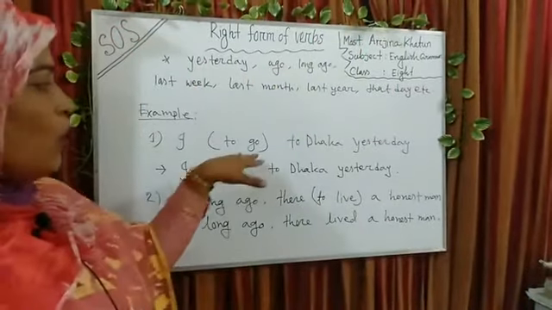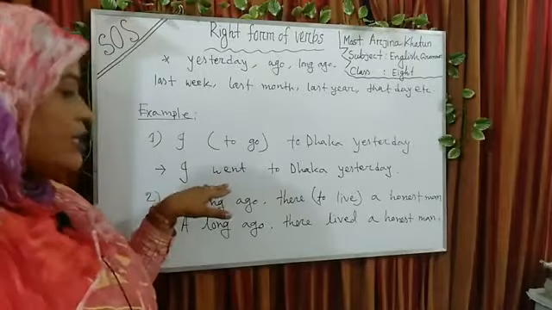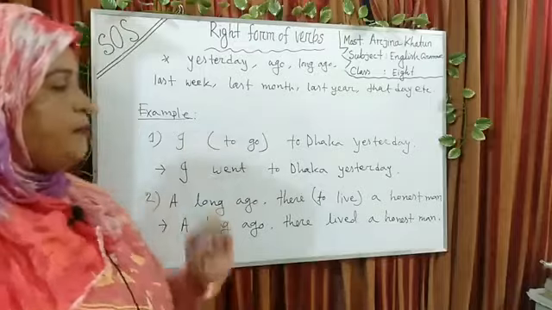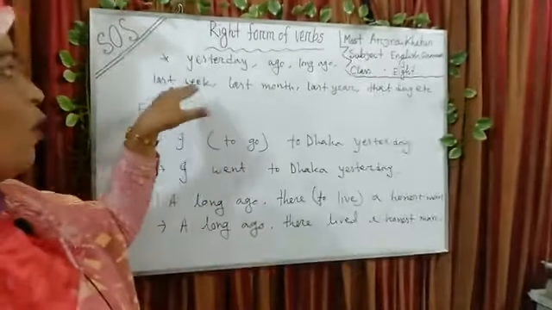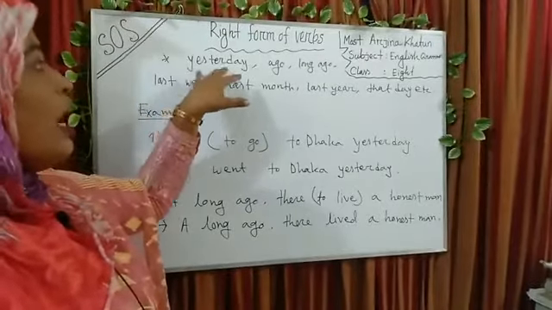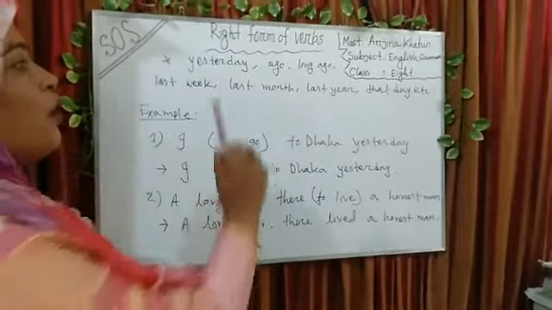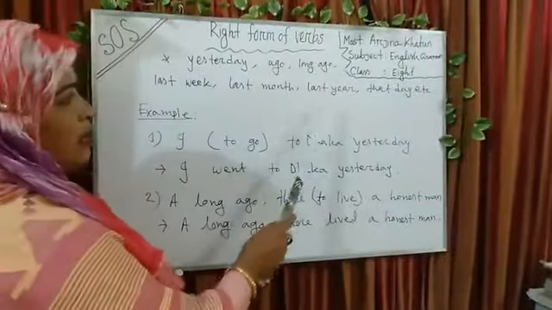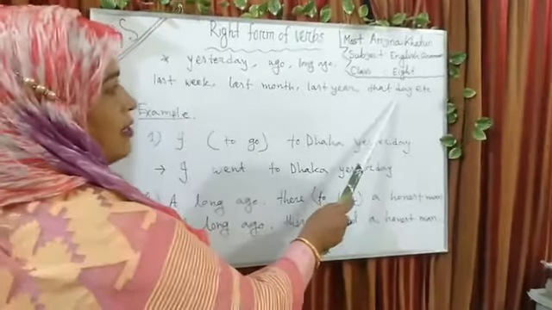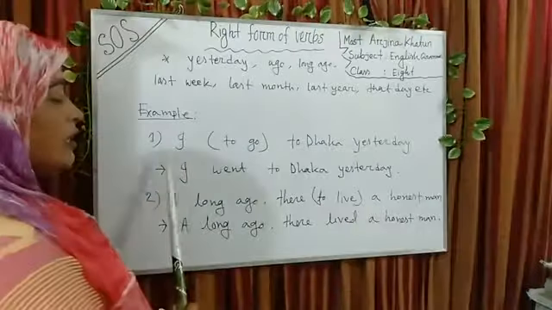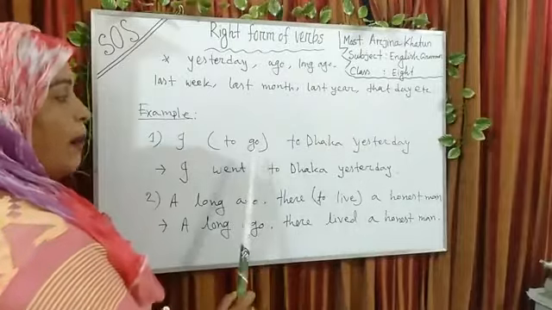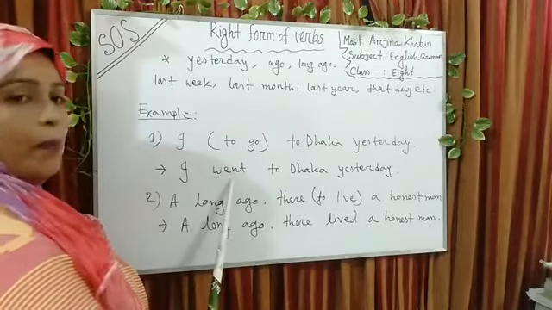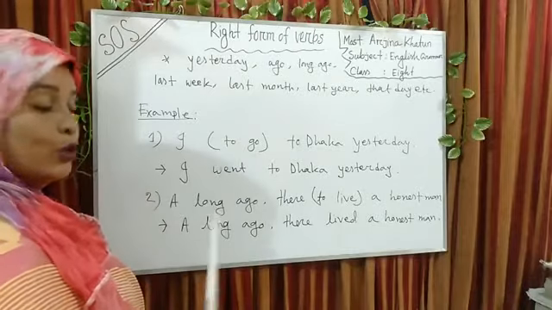Here go becomes the past form went and lives becomes lived. Okay, dear learners, when time mentioned is yesterday, ago, long ago, last week, last month, last year, that day, its verb is obviously the past form of the verb.